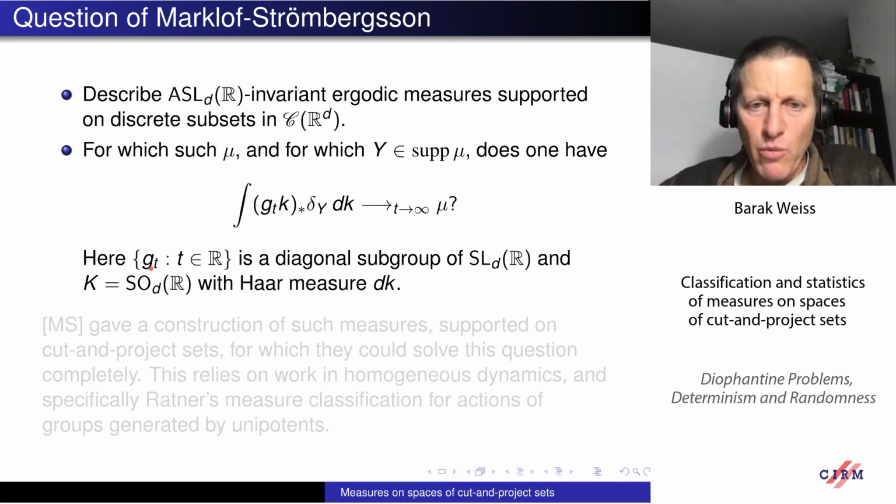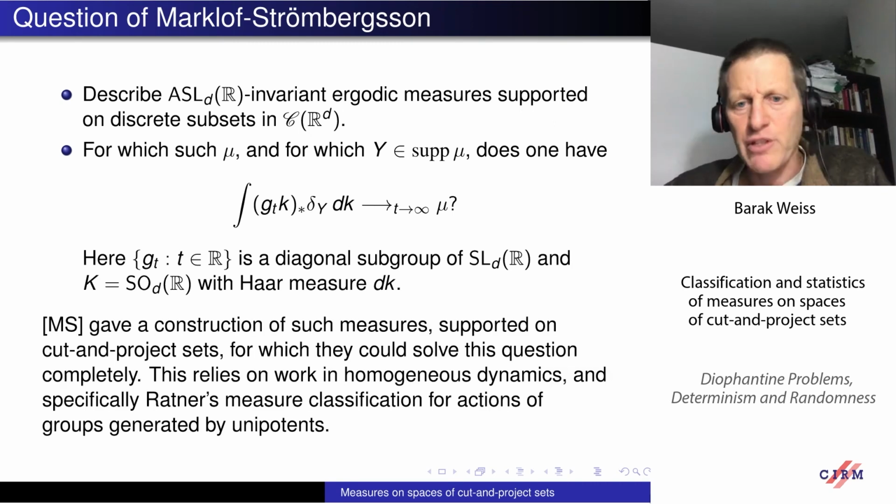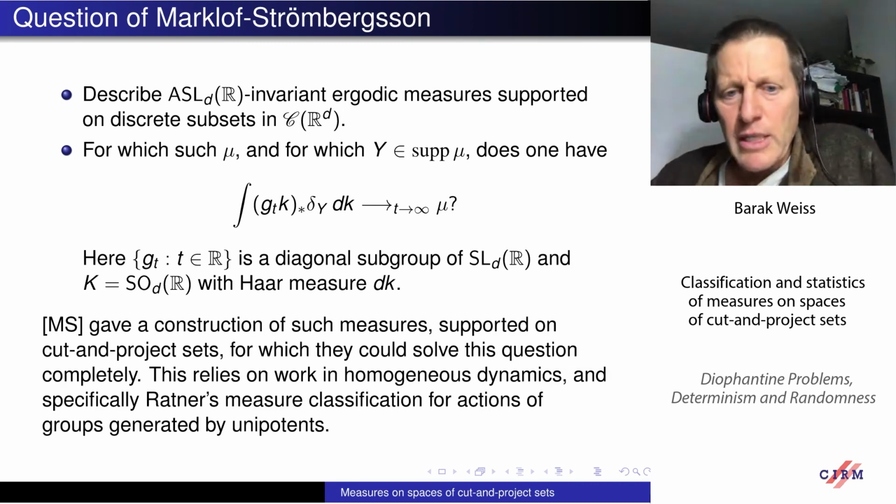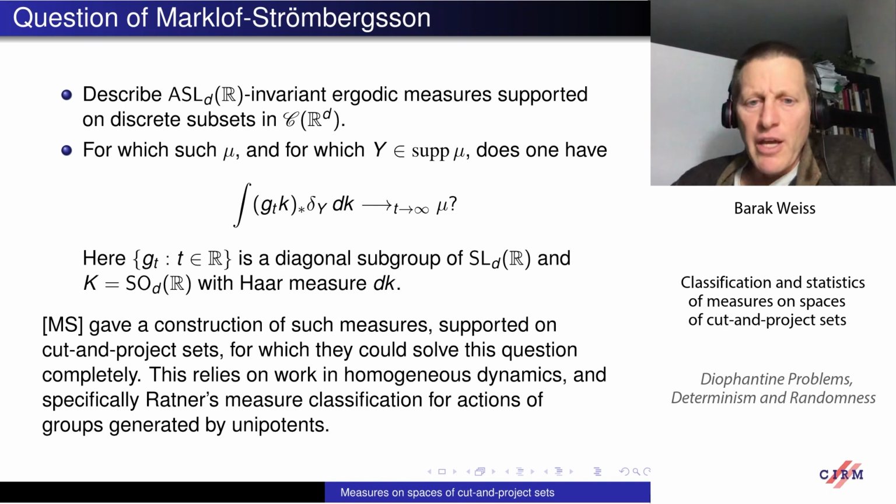And so you might wonder if there are any such measures satisfying these properties. Marklof and Strömbergsson showed that there are, and the discrete sets that they are supported on are cut and project sets.